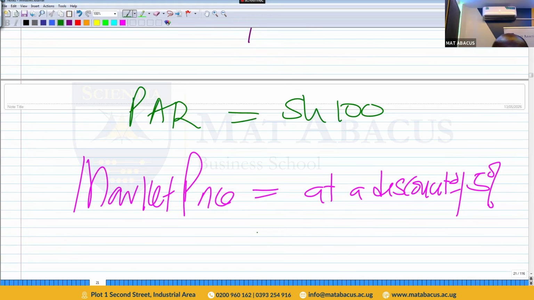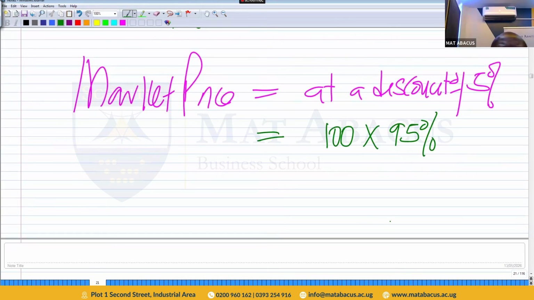This means you're gonna pick the par value, multiply it by 95%. 100% minus 5%, you will end up with shillings 95.